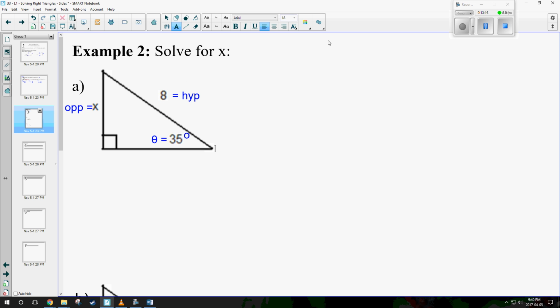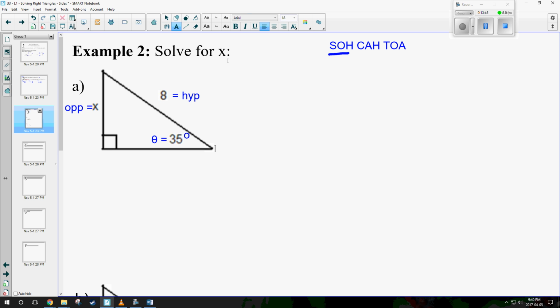So what we want to look at is our formulas of SOHCAHTOA and decide which one to use, sine, cos, or tan. So we want to look at which one uses an opposite value and a hypotenuse value. So looking here, we're looking for opposite and hypotenuse, which is O and H, which in this case is SOH, because it uses opposite and hypotenuse.